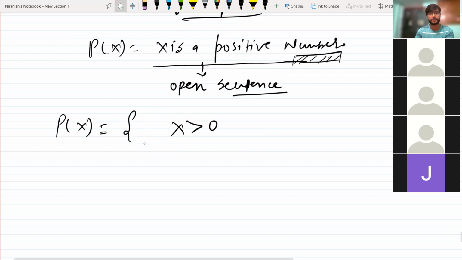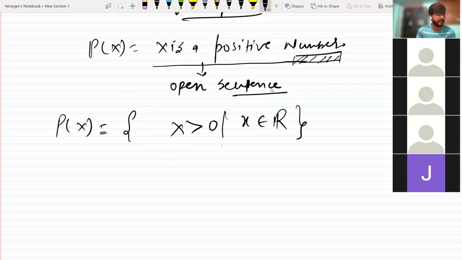Okay, x is a positive number such that x belongs to R. So this symbol that you're looking at, ∀, is called the universal quantifier.